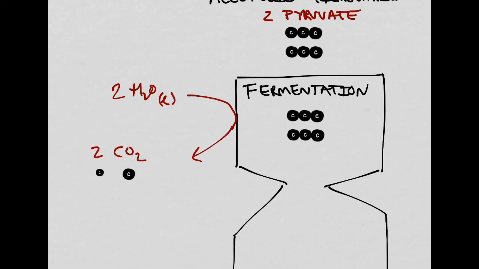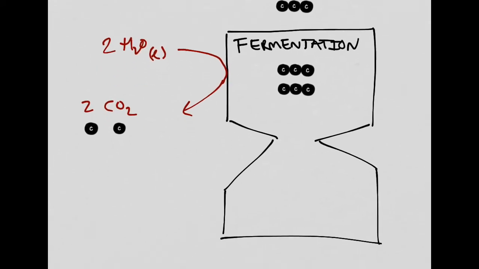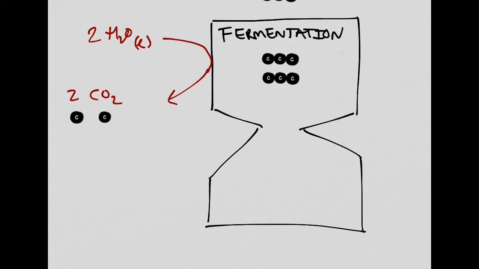Now obviously this isn't pyruvate anymore, it's a different molecule, and that molecule is called acetaldehyde. And there are going to be 2 of them. So you can write 2 acetaldehyde, which, as you might expect, is a 2-carbon molecule. Remember, we just removed 2 CO2 from the pathway.